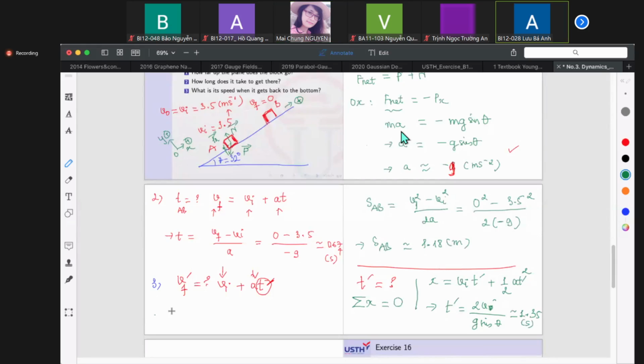And for VF prime, VI equals 3.5, right? Plus acceleration times T, negative 9 multiplied by T prime, which here is 1.34. And could you help me show the final result?